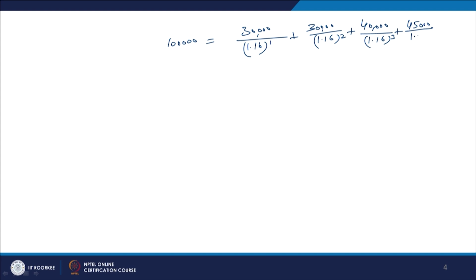So 1 lakh is equal to the first year cash inflow of 30,000 discounted against 1.16 power 1, the second 30,000 divided by 1.16 power 2, plus 40,000 divided by 1.16 power 3, and then 45,000 divided by 1.16 power 4.